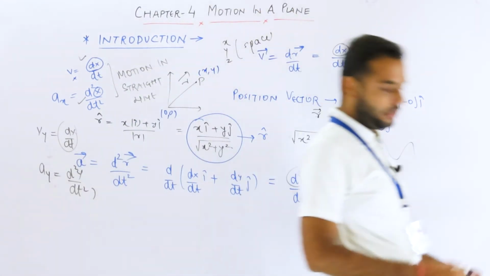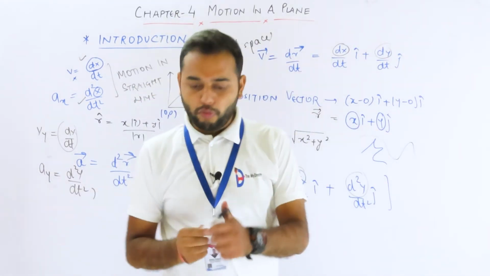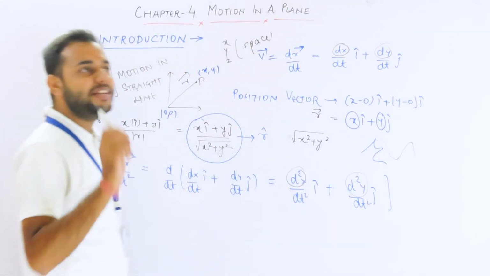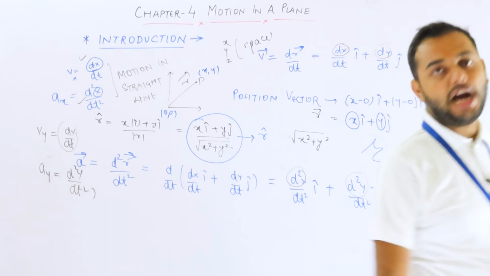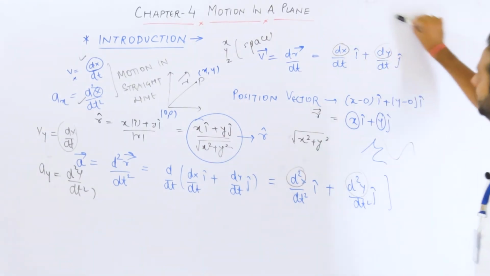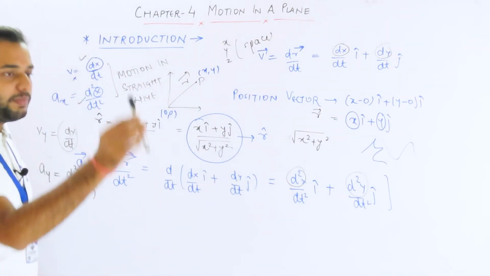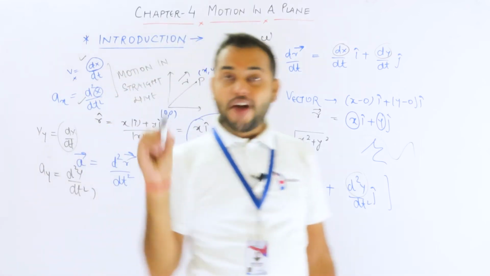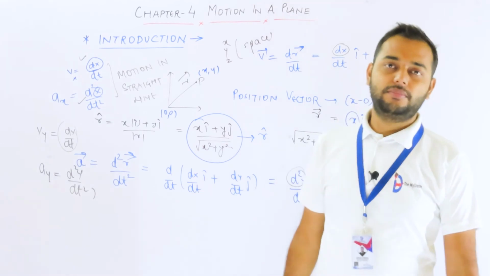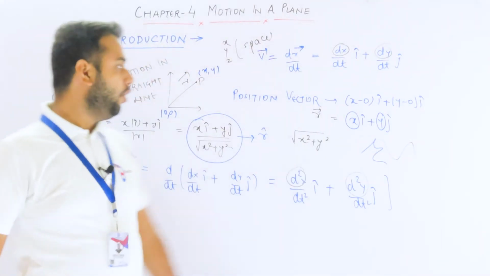Like the movement of this marker, it is moving in a plane. Similarly, if that marker is moving like that, then obviously it is a plane only. The movement of that marker is in a plane only. But if this marker is moving like that, then obviously every time we have a change in the coordinates x, y and z. Okay, so that's how it is going.